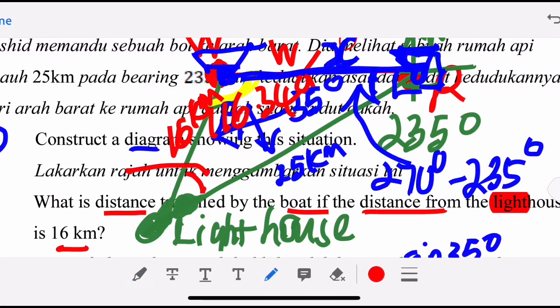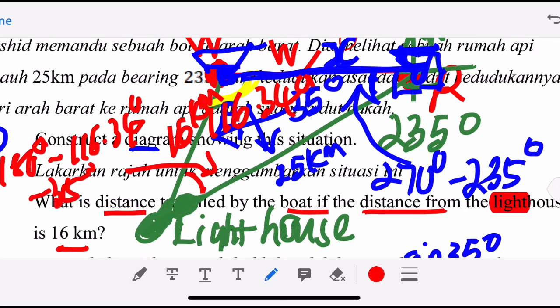This angle is 180 degree minus 116.34 minus 35 degree, right? So you will have the answer, which is 20 something. So you try to solve it.